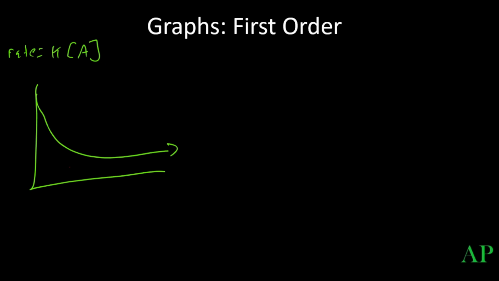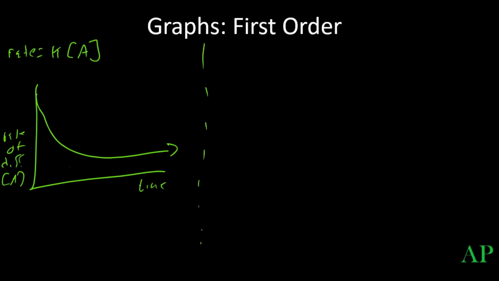You'll get a graph that slopes down. It's asymptotic about some point, or it may reach zero. Depends on the question. Here you have time, and here you have your rate of disappearance of my concentration of A, which is always molar per second, right?